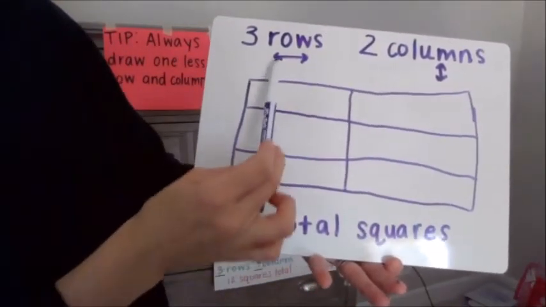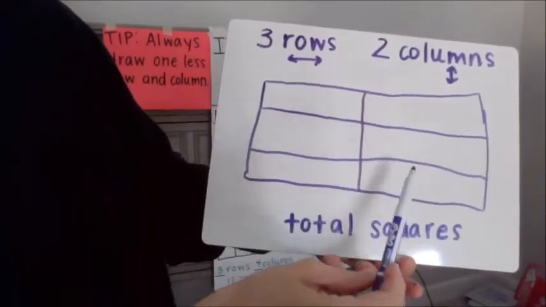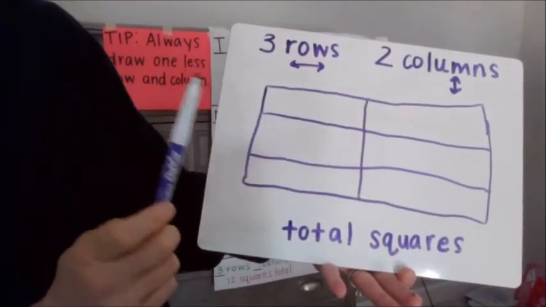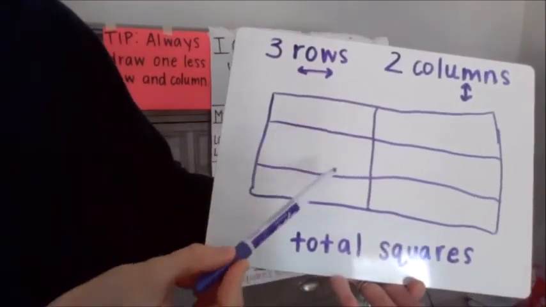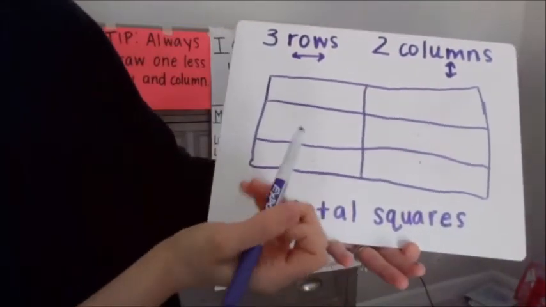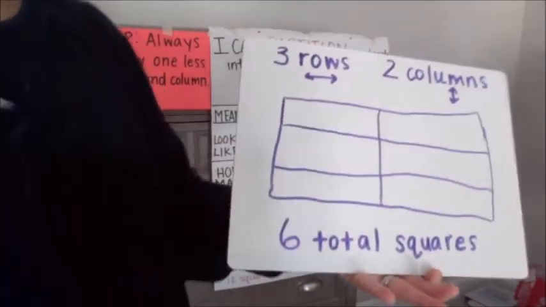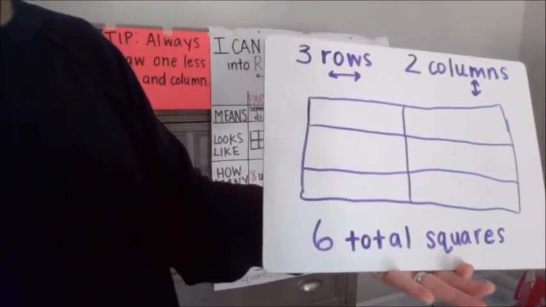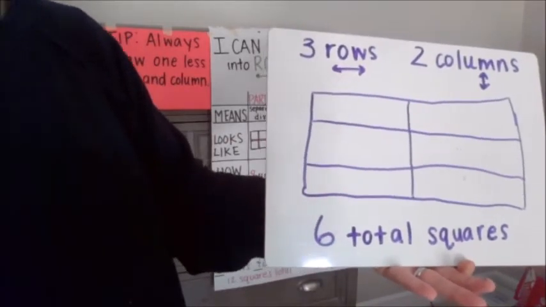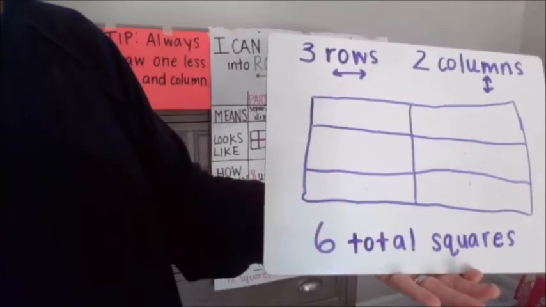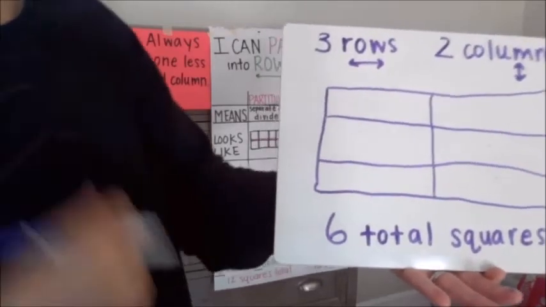So now I have my 1 column and my 2 columns. How many total squares do I have? 1, 2, 3, 4, 5, 6. And again, we just do the best that we can to make it equal and make it look like squares. I know these look like rectangles, but because we're doing it freehand, sometimes it looks not as perfect as we'd like.